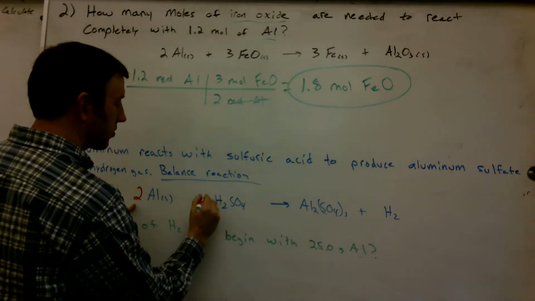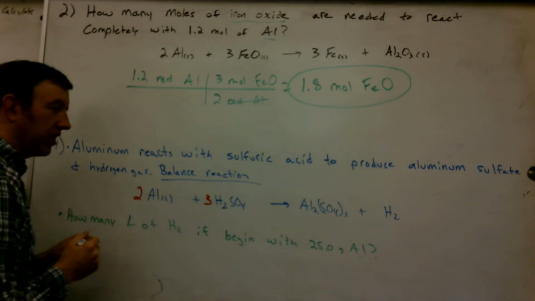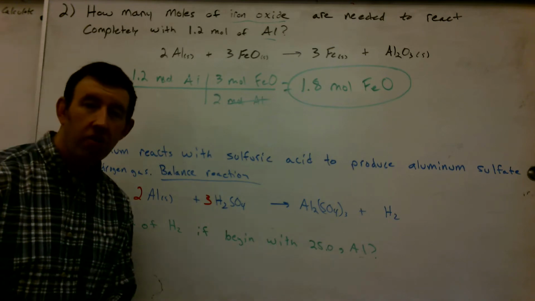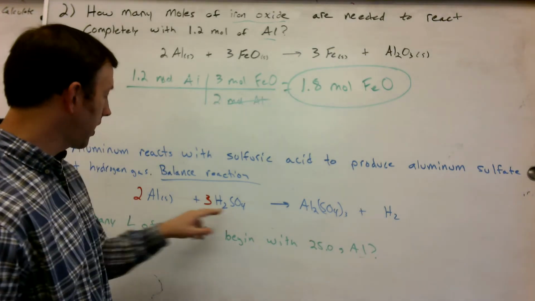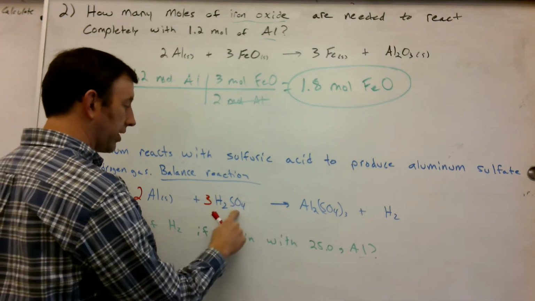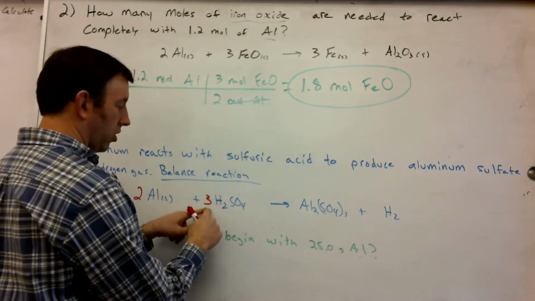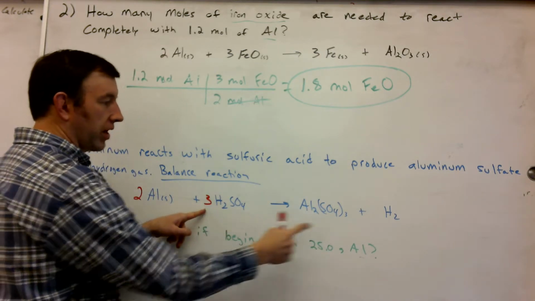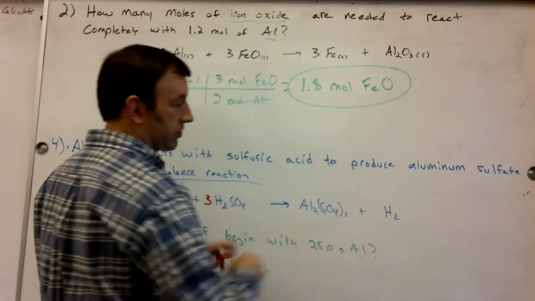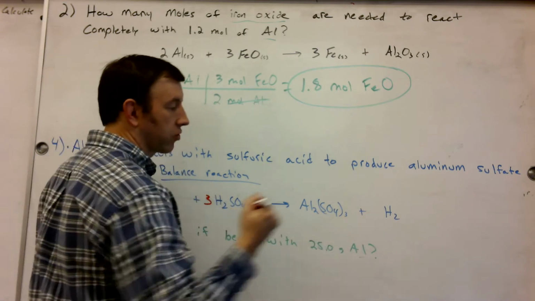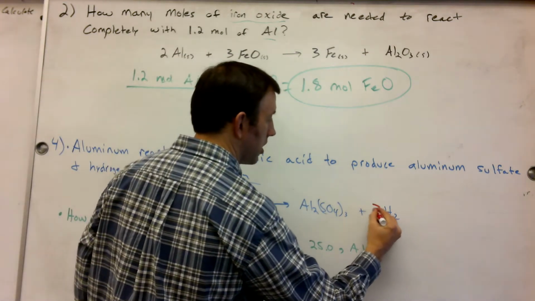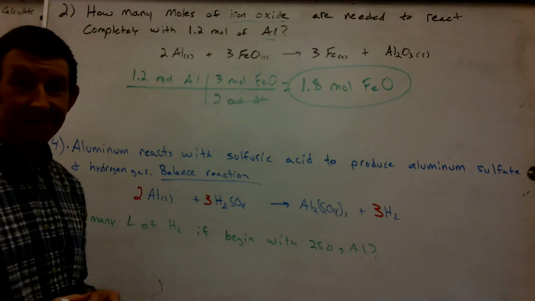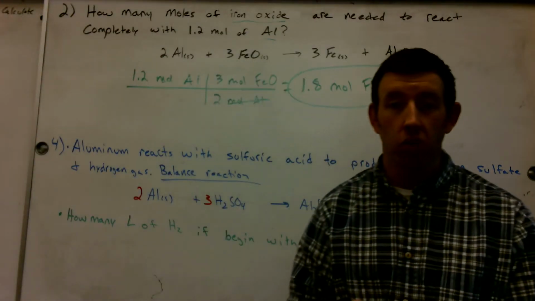So I'm going to try 3 there, right? Which, yes, of course, does throw off my hydrogen a little bit, but at least it gets my aluminums and my sulfates balanced, right? So that produces 6 hydrogens right here. I need to also have 6 there, but hydrogen gas, of course, is H2. So if I put a 3 here, I think that does it. That should balance us, okay?